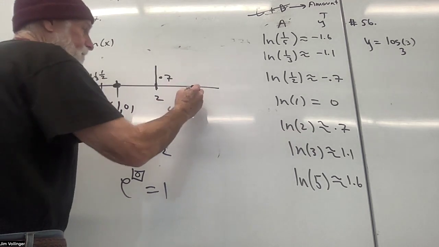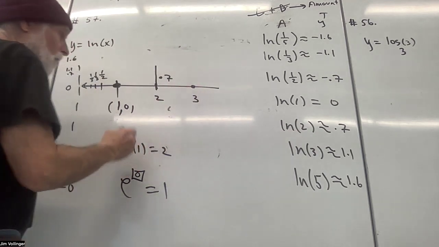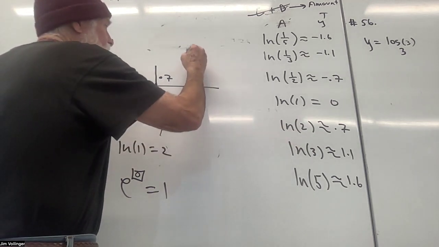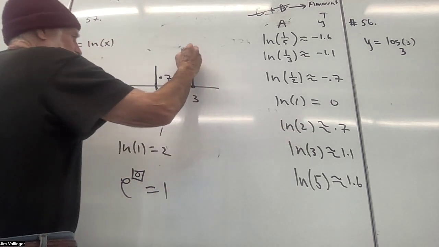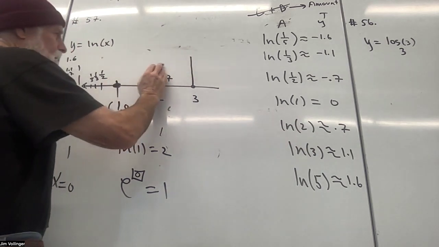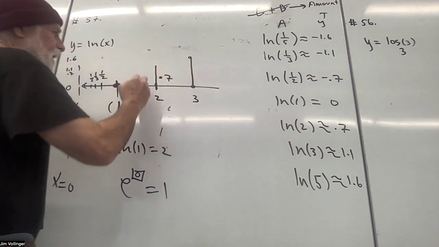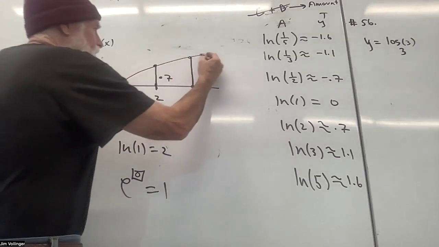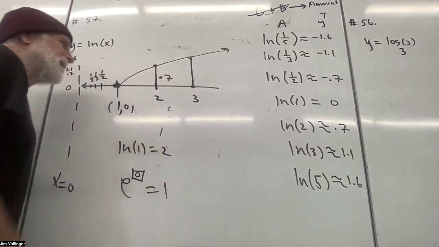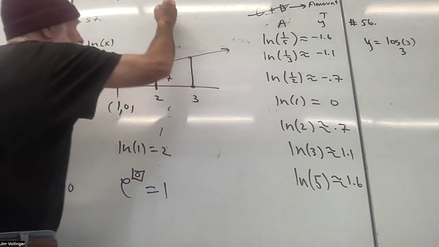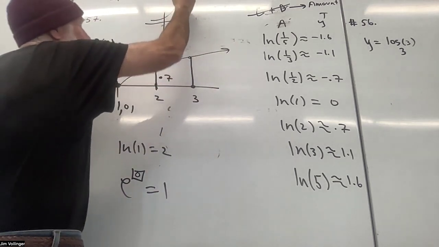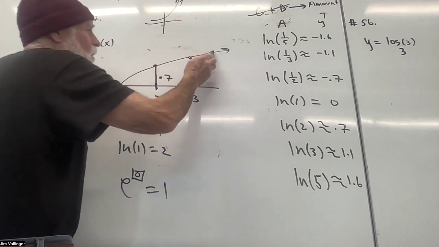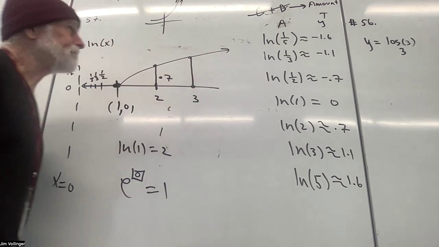3. There's 3. What's the ln of 3? 1.1. So that's about maybe 0.7, 1.1, something like that. I'm starting to see a bend, but I'm always going up. So slowly, it almost looks like the inverse of rapid Y values changing, Y values changing slowly.